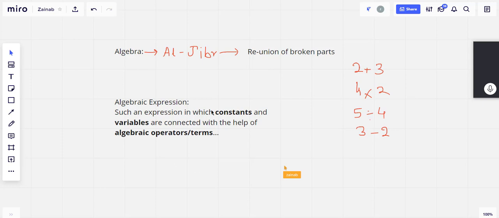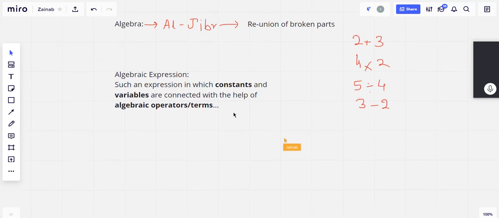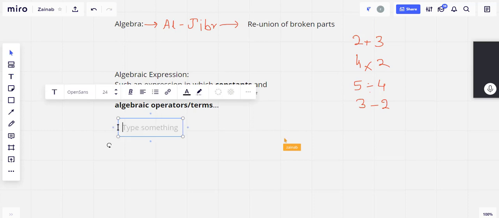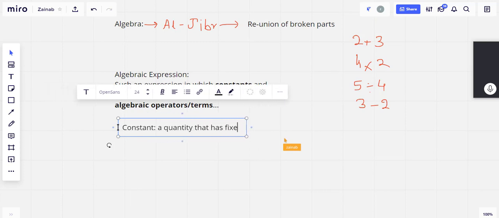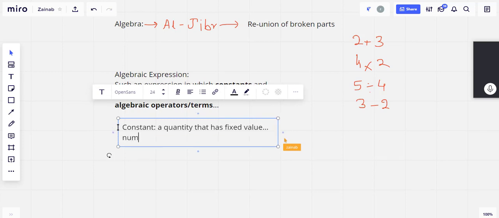Alright, so first of all we need to discuss what a constant is. Let me write it here. Basically we define a constant as a quantity that has a fixed value. And in algebra, I mean the numbers.